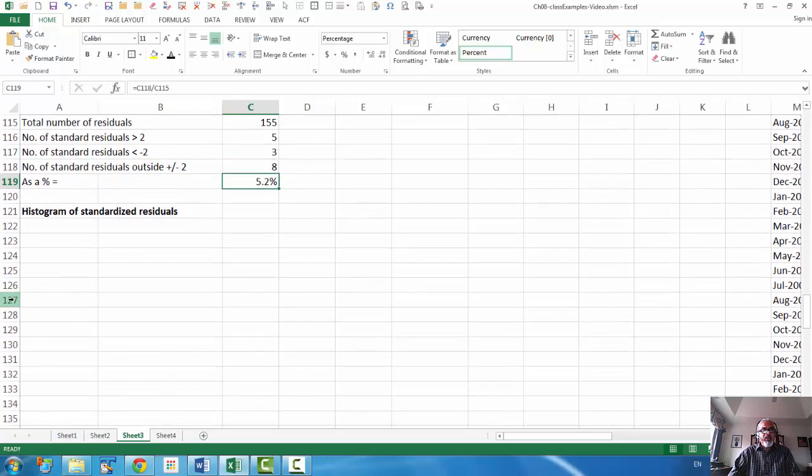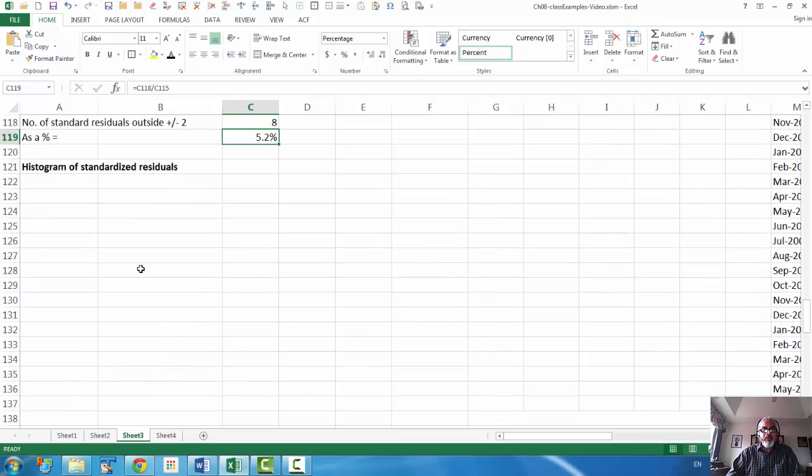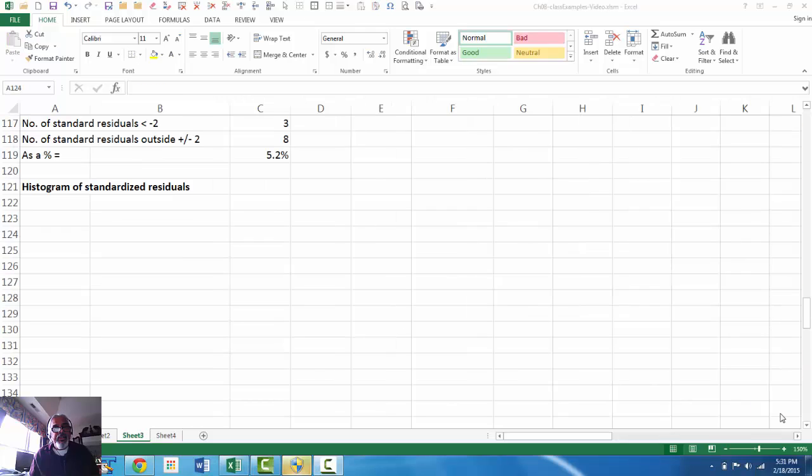Now let's look at the histogram of the standardized residuals and see whether that has an approximately bell shape. If that is so, then that would be all right. Next, let's develop a frequency distribution histogram for standardized residuals.